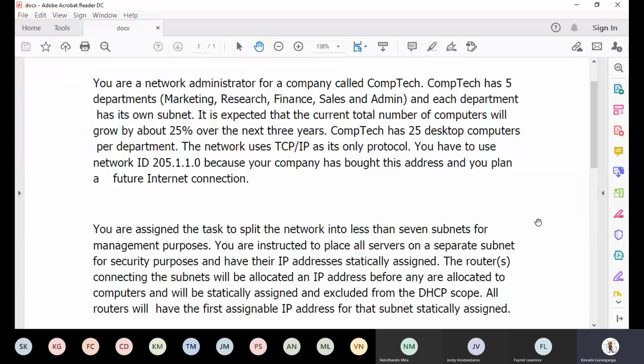So you've got your marketing, research, finance, and sales, and lastly, admin. And like I said a couple of moments ago, each particular department is its own subnet, all right? And it's expected that it should accommodate for a growth of 25% over the next few years.